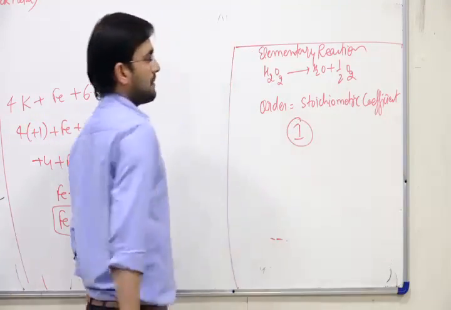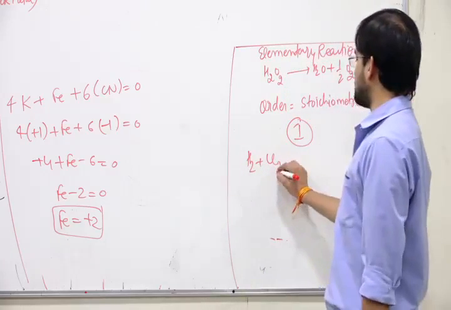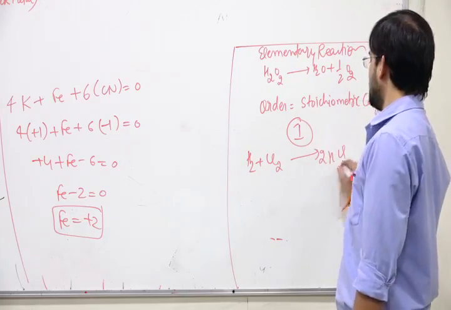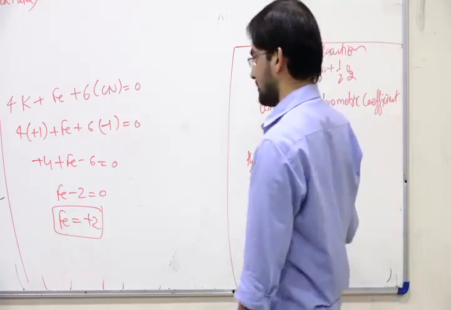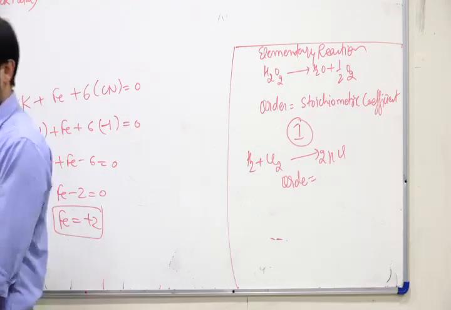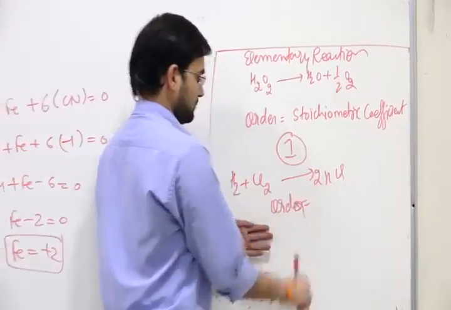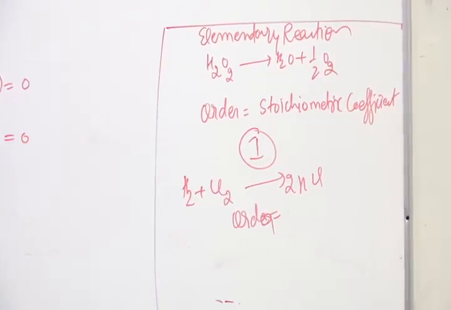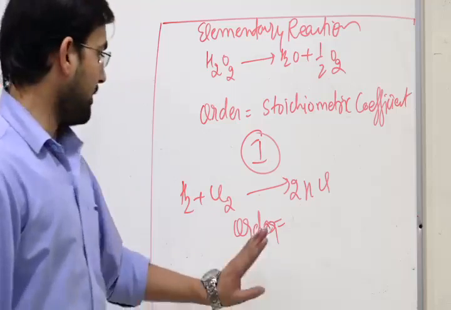First order. If instead this reaction is given: H2 plus Cl2 gives rise to 2HCl. The order is, tell me the order here. All people, what is the order here? What is the order?